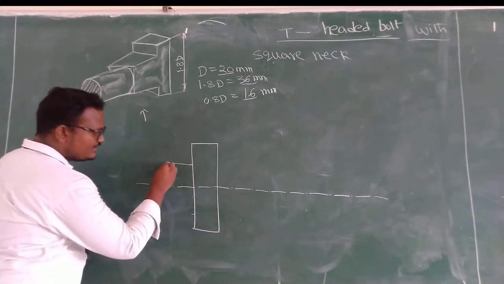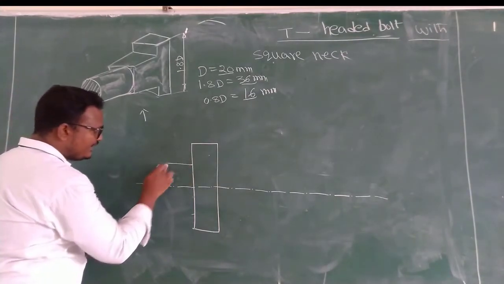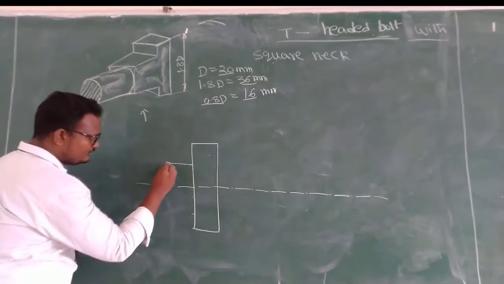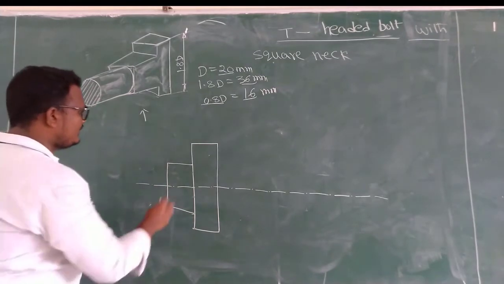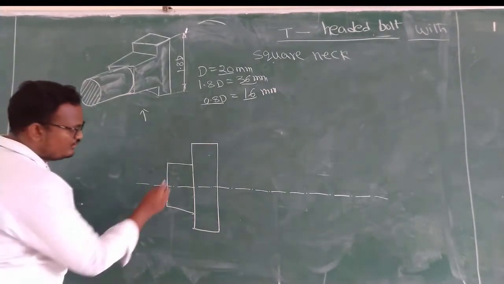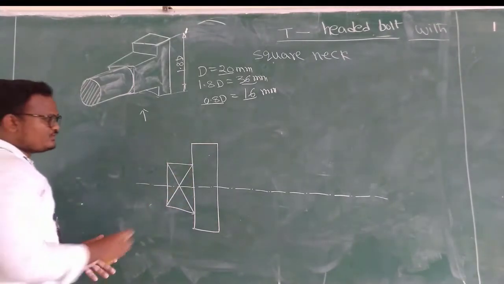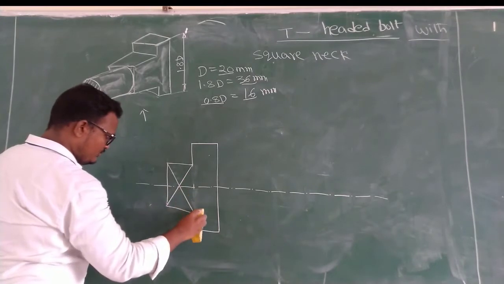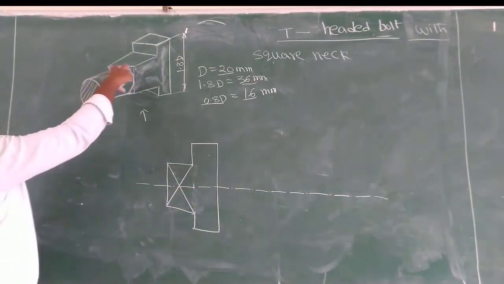This width is 16 mm only, because the width of the neck and head is 0.8 D. Here it is not a separate part, that is why you have to represent it like this.